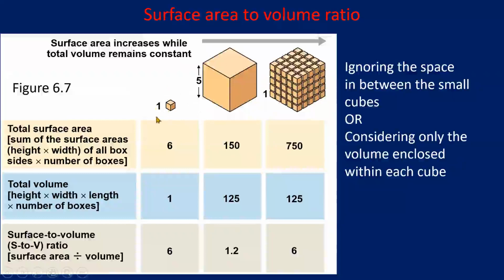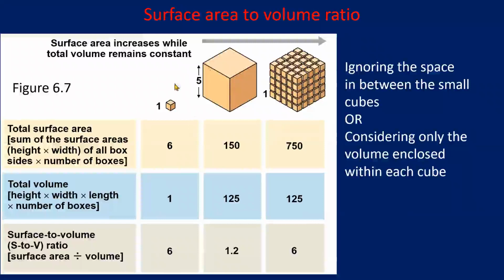First a cube with unit length, the other with length 5, and the third one, where we have subdivided this big cube of length 5 into unit cubes, so in the third one there are 125 small cubes. But in the third one, we are going to ignore the small spaces in between the cubes.